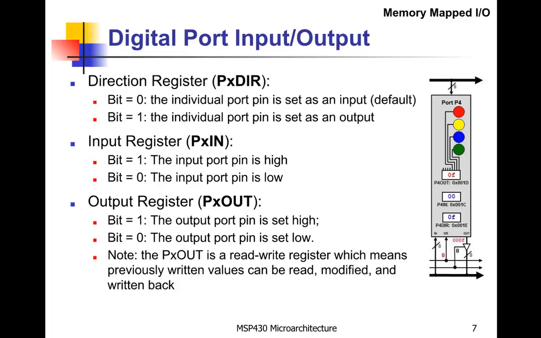If it's hooked to VCC, then it would be the opposite of that. So note that the output register can also be read from, just in case you forgot what you put there and you want to modify it and change things. So the output register can be read from as well.